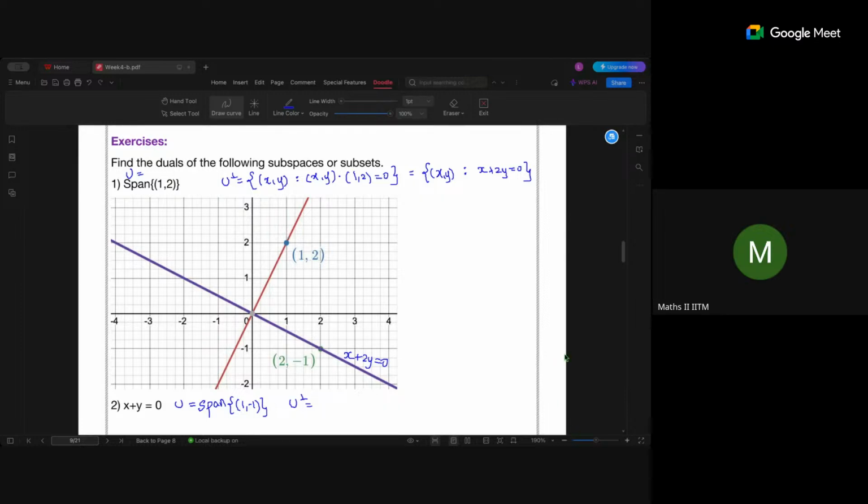What about the others? Why are you not participating? You don't understand, or you are just attending the session for attendance, or what's going on? Why are the others not responding? I want to know. You can tell whatever is the reason. You don't understand, or you don't have sufficient time to complete it. What is the scenario?